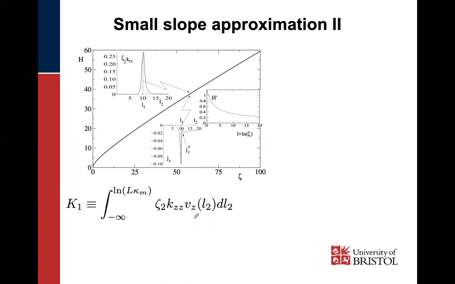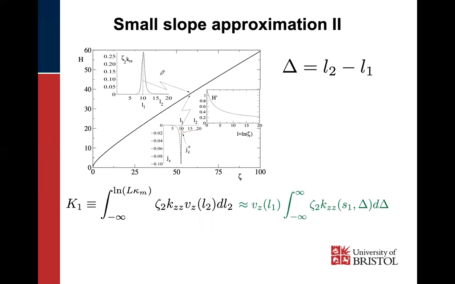And this kernel here is multiplied by the velocity at L2, where L2 is the integration variable. The intuition is that the main contribution to this integral comes from this peak here, in which case, to leading order, Vz of L2 can be replaced by Vz of L1, because V varies slowly on the scale of this peak. And that's what I've done here.